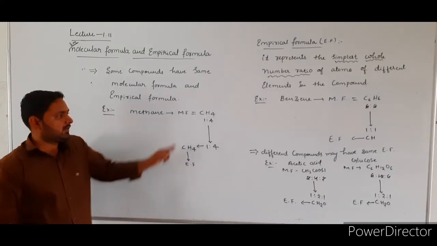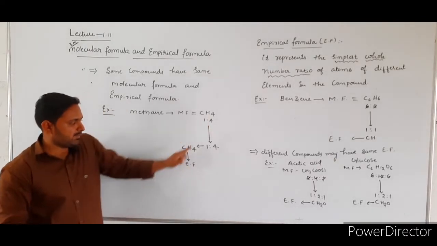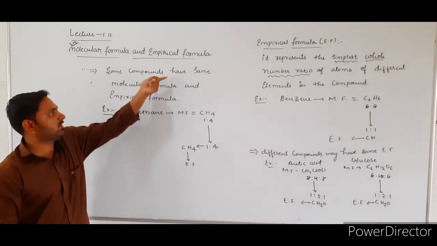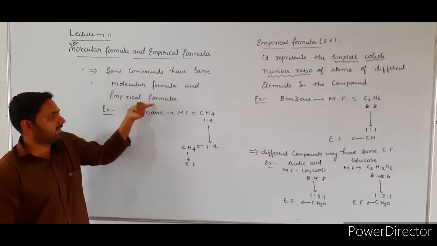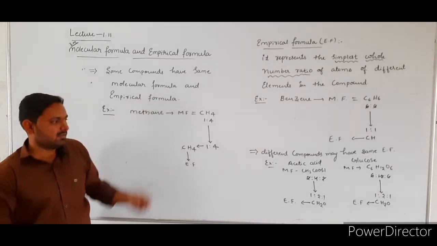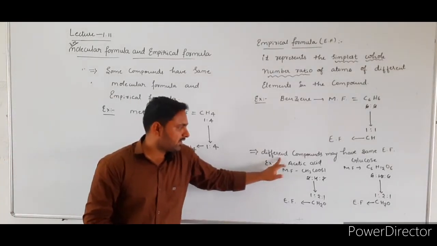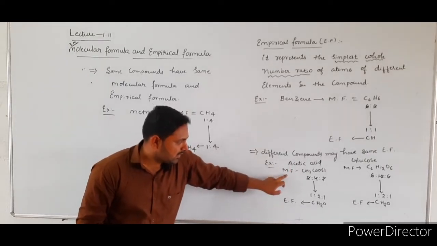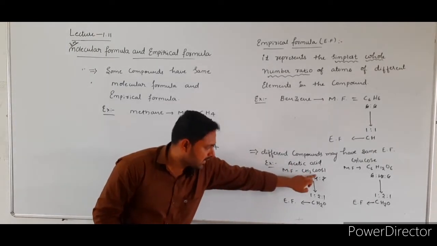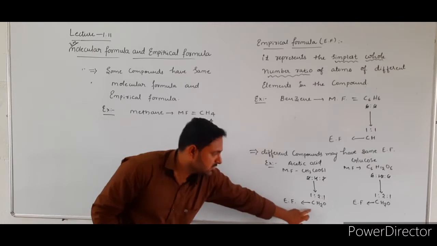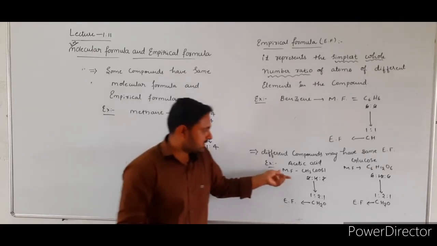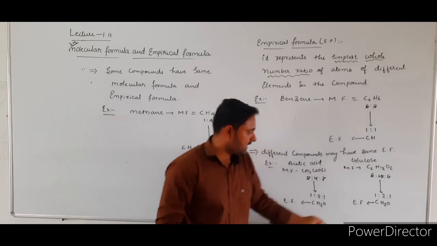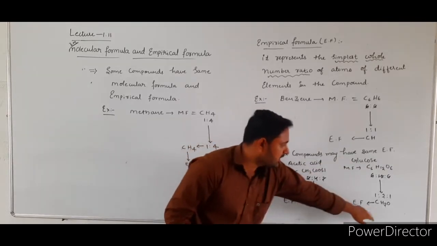See here, the molecular formula CH4, empirical formula CH4. That's why some compounds have the same molecular formula and empirical formula. But some different compounds may have the same empirical formula. See here, the molecular formula is CH3COOH, but the empirical formula is CH2O. Acetic acid's empirical formula and glucose's empirical formula are the same, CH2O.